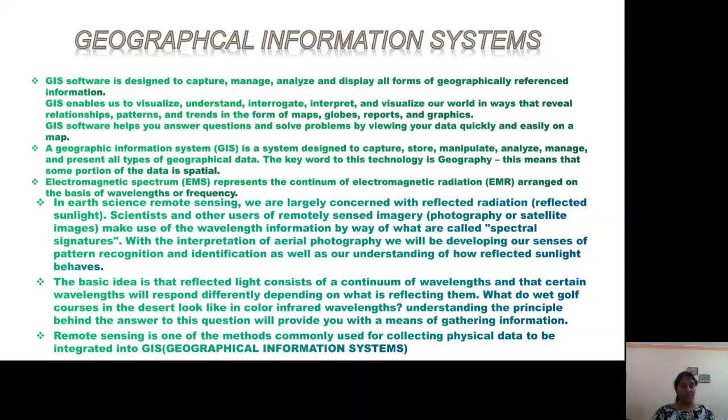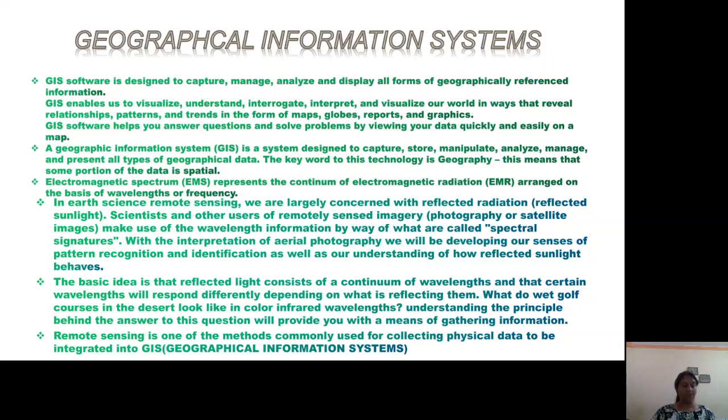It presents all types of geographical data. That's the keyword: geography. Remote sensing supports GIS with spectral signature. With aerial photography, we alter information and analyze and manage data using GIS.